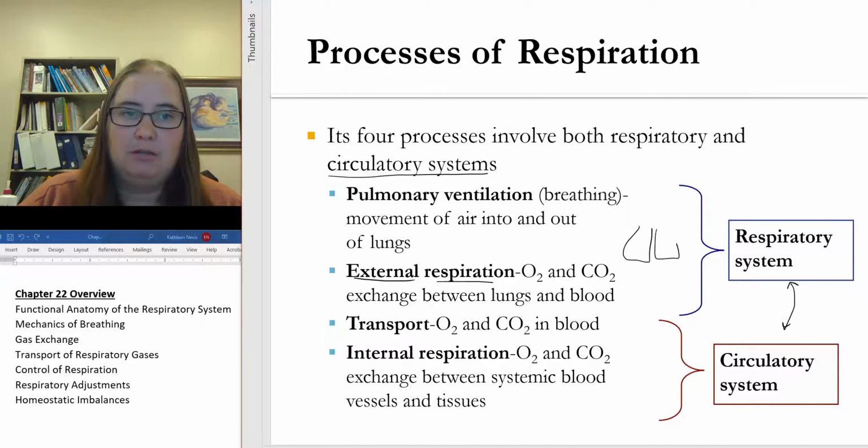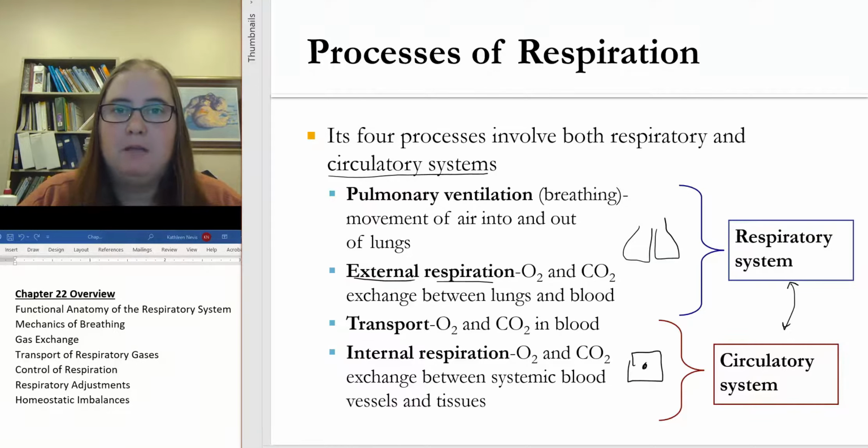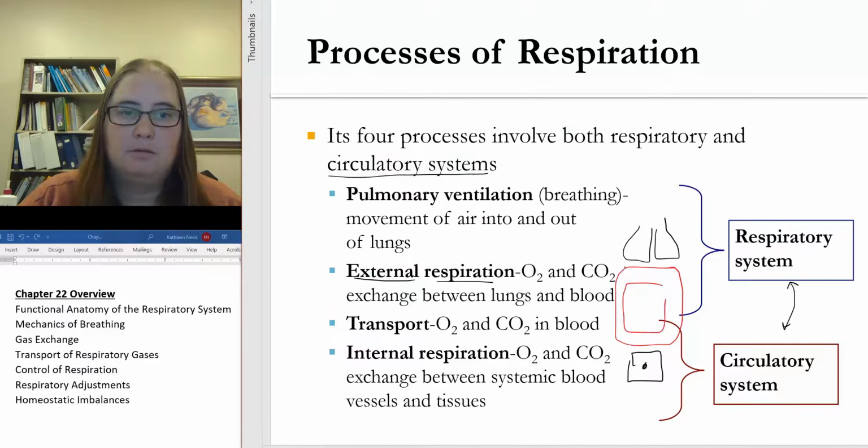These are our lungs, and we have our cells down here, and when we think about our blood, I'm just going to draw this as a loop. So this is our blood circulating through our body. When we talk about external respiration, it's the exchange that's going to occur here and here.